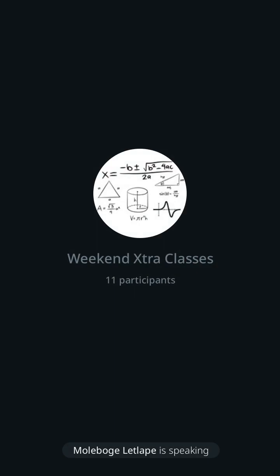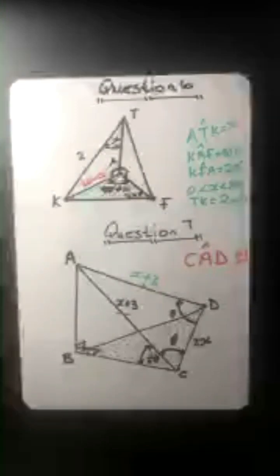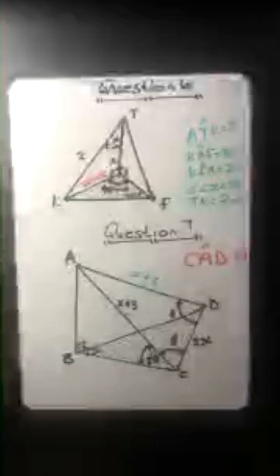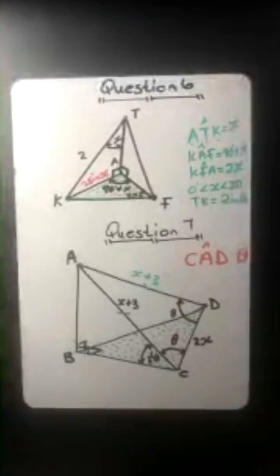So what are we looking for? Are we still looking at the isosceles part of the triangle? Someone was saying something, but I was disconnected for some seconds.